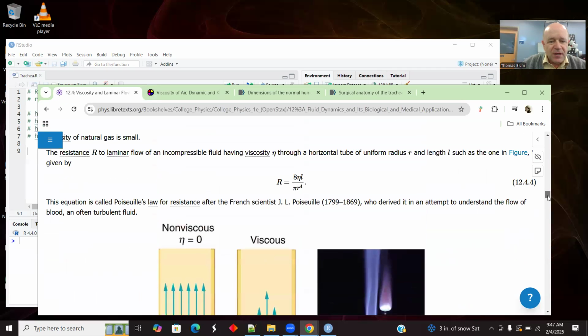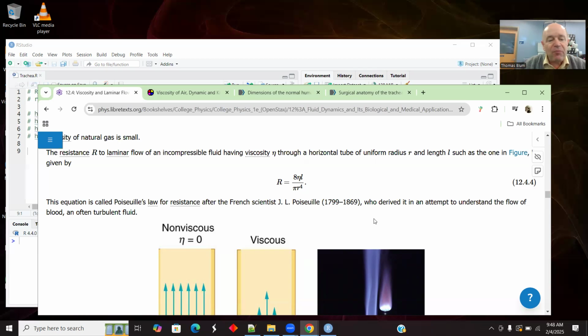We want to use the formula for the resistance to a particular kind of flow, laminar flow as opposed to turbulent flow, where the resistance is 8 times the viscosity, given by the letter eta, times L, the length of the tube through which the fluid is flowing, divided by pi r squared, the radius of the tube. That is the Poiseuille equation, sometimes the Hagen-Poiseuille equation.